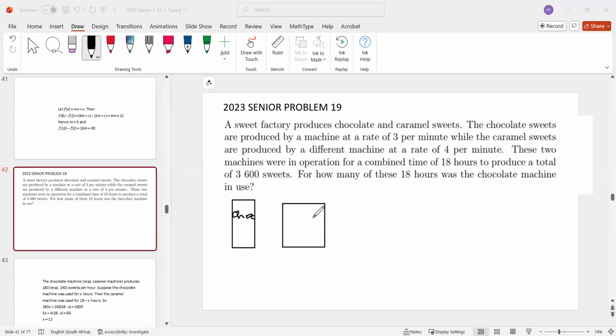Choc, this is caramel. And this thing produces 3 per minute. So you got 3 chocolates per minute. All right, chocs per minute. So in 1 minute, this machine produces 3 chocolates. And here, the caramel sweets are produced by a different machine at the rate of 4 a minute.